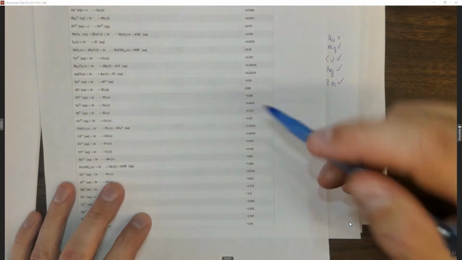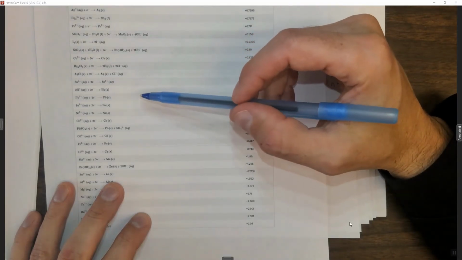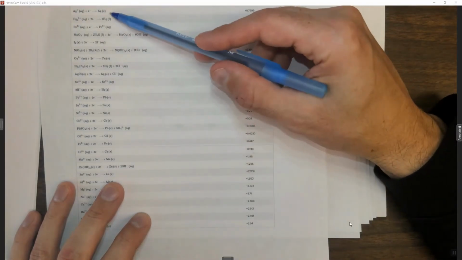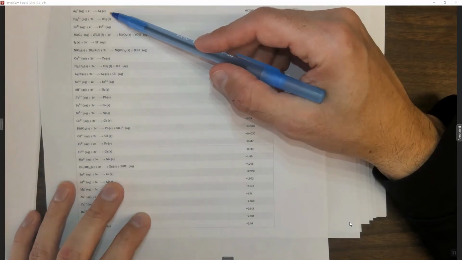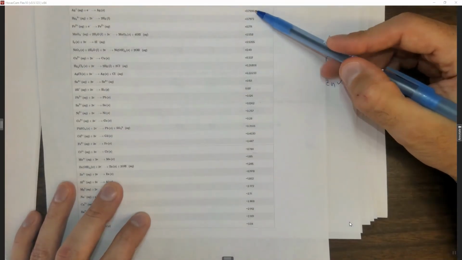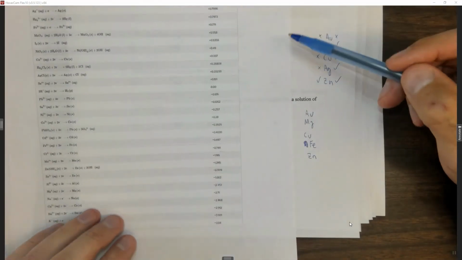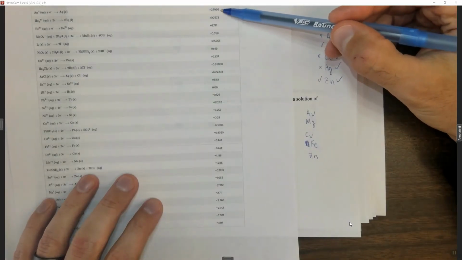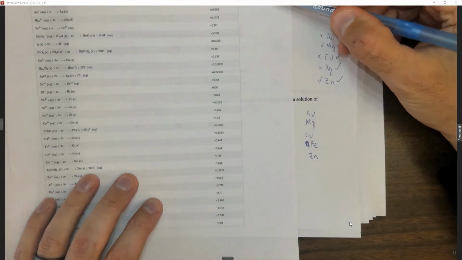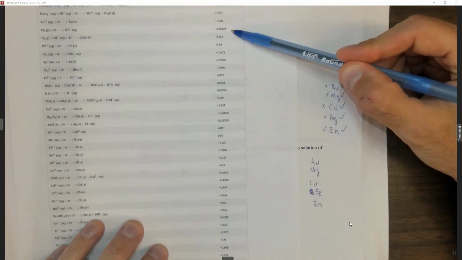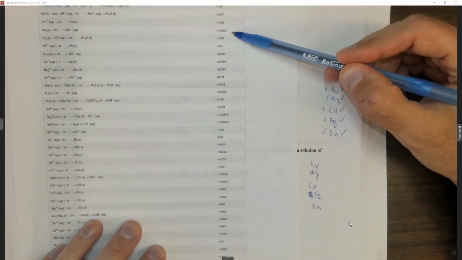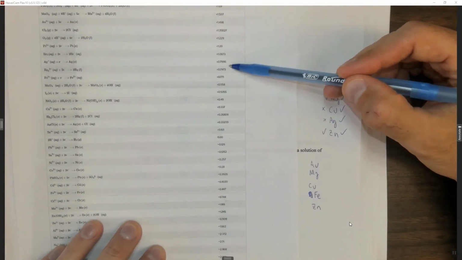So if we look here at the silver solution, we find Ag plus plus an electron yields Ag, which is way up here. So now let's look at these choices. The first one is gold, and gold is a less reactive metal even than silver, which is right here.